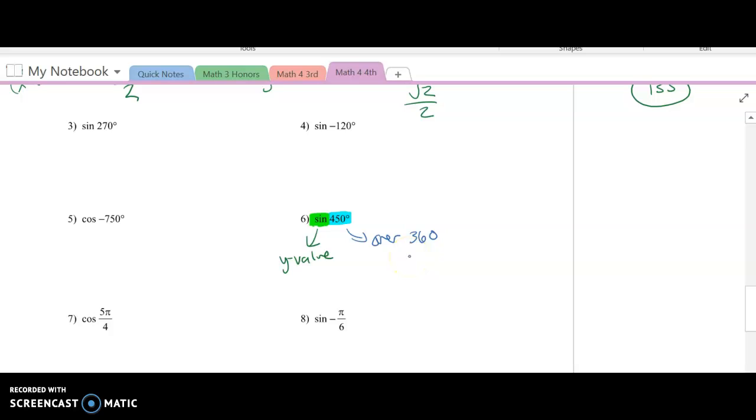So we need to subtract 360 so that we can get it between 0 and 360, and it's a lot easier to find. So if we do this math correctly, we will get 110. So it's now like we're trying to find the sine of 110, and it'll give you the same answer.